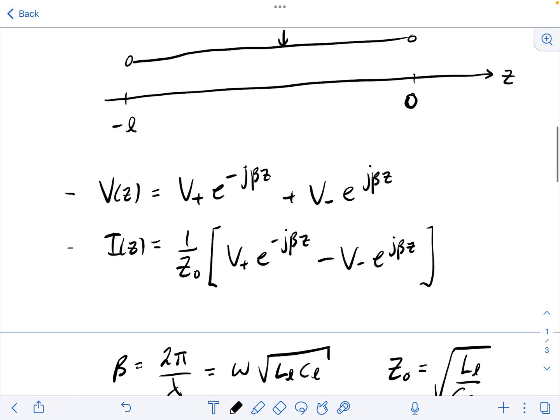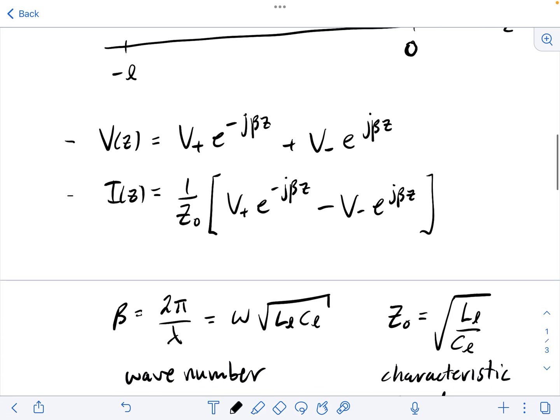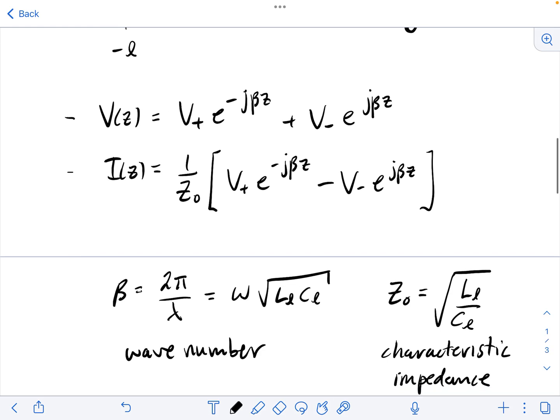The quantity beta was the wave number, 2 pi over lambda, and it was given by omega, the angular frequency, times the square root of the inductance per unit length times the capacitance per unit length. In the current amplitude expression, we had the characteristic impedance Z0, and that was given by the square root of the inductance per unit length divided by the capacitance per unit length.